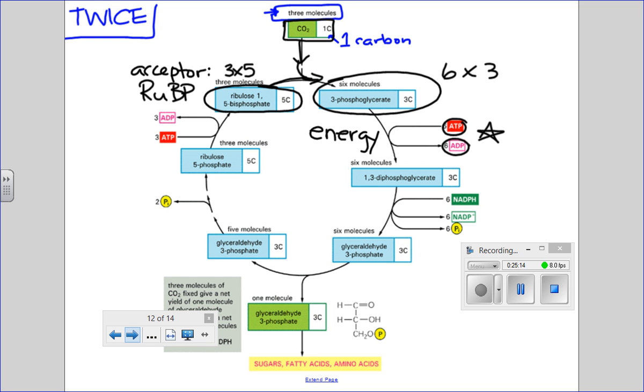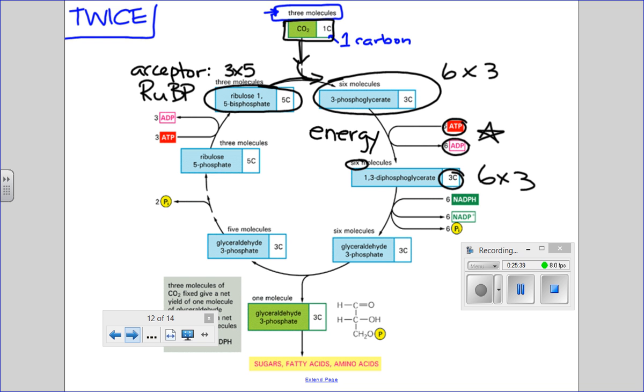So the point of using that ATP is that I need some energy. I get some molecules. If you notice, there are 6 that have 3 carbons, so I still have 6 times 3. I don't need you to know the name of this intermediate compound. I'm just keeping track of how many carbons there are.